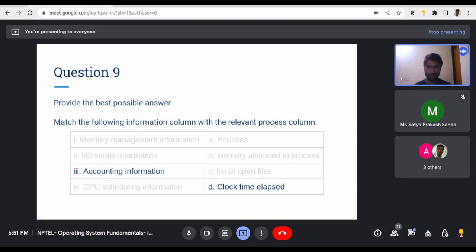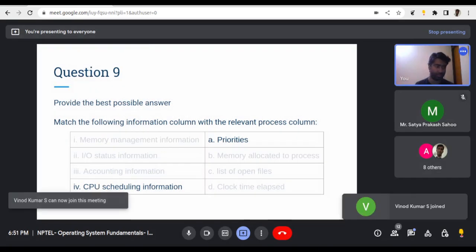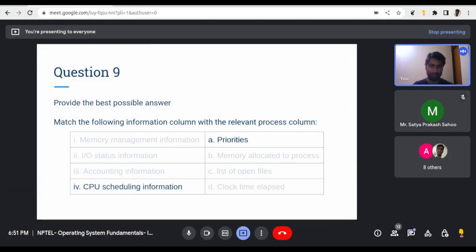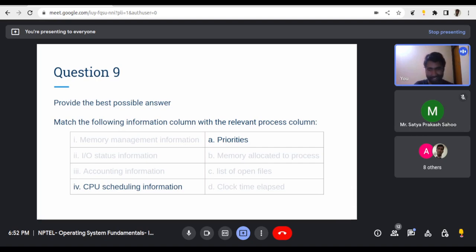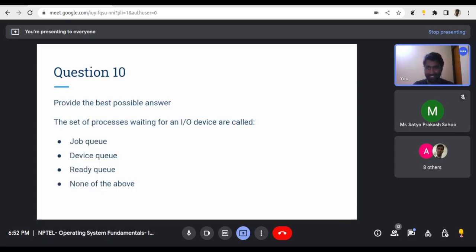So that is kept as accounting information. And CPU scheduling information, like priorities and some other things, determines which process will be executing in the CPU next. Or which process can be swapped out is determined based on which processes are present in the ready queue. Yeah, all are correct. Anyway, next question.